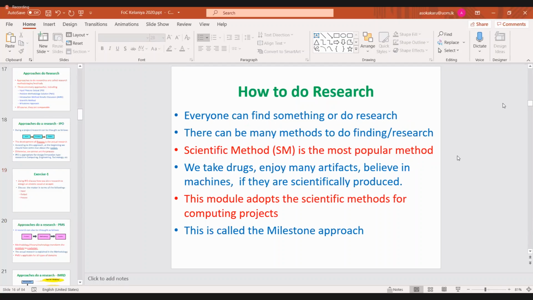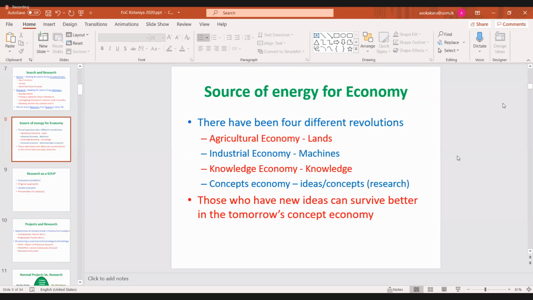In other words, you can write: if you have new ideas or concepts, you will be rich in tomorrow's world.